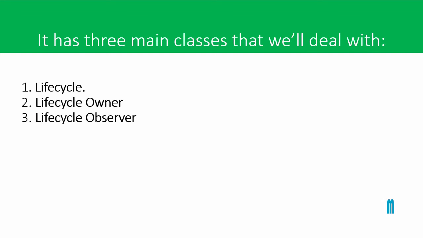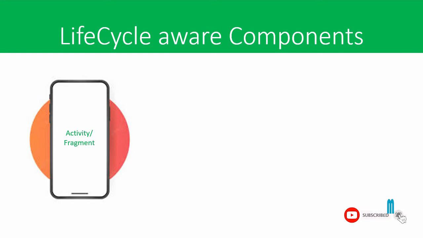Here it has three main classes that we will deal with. Number one, lifecycle. The second one, lifecycle owner. The third one, lifecycle observer. Now what is lifecycle? The activity uses the whole lifecycle, like onStart.